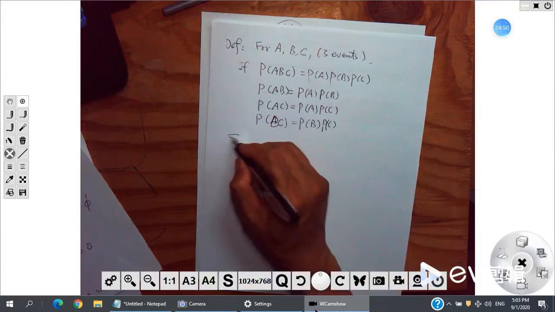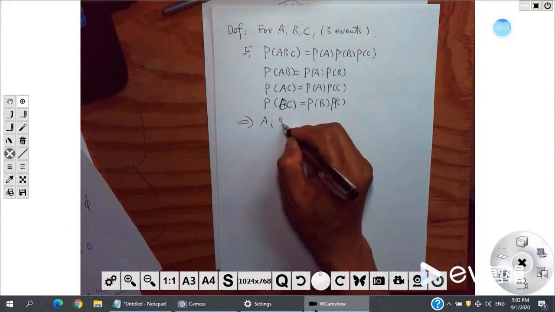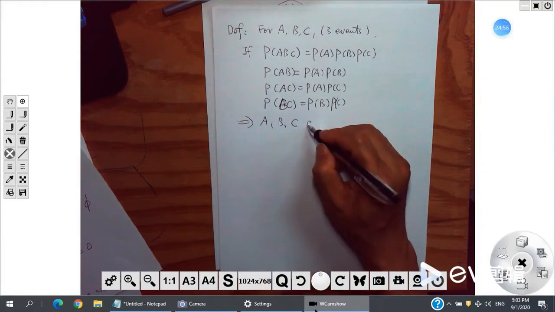Then we say A, B, C, these 3, they are independent.